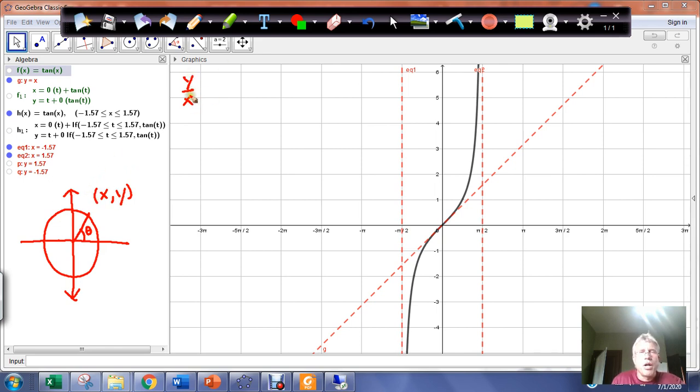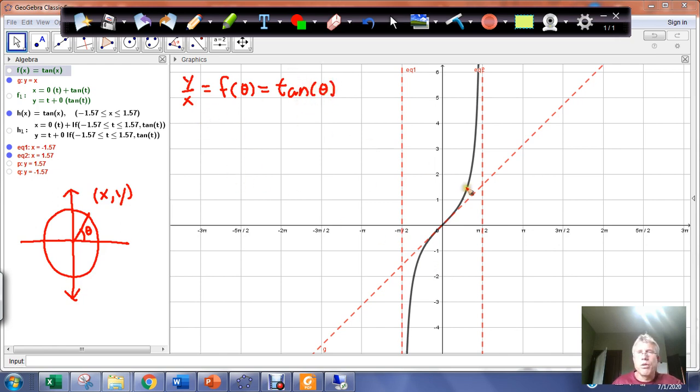So our outputs are ratios y over x. If we put these outputs in function notation, it's a function of theta. You input angles. The name we give the tangent function is tangent, or tan of theta in function notation.